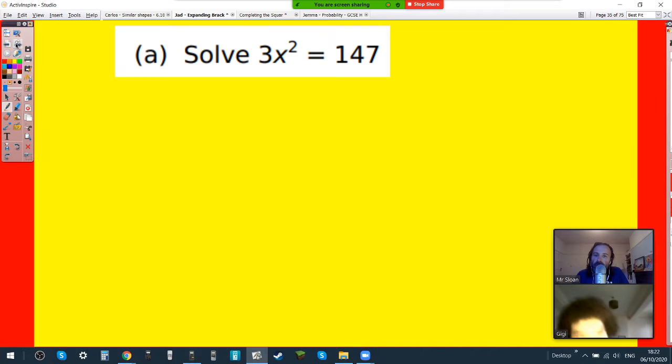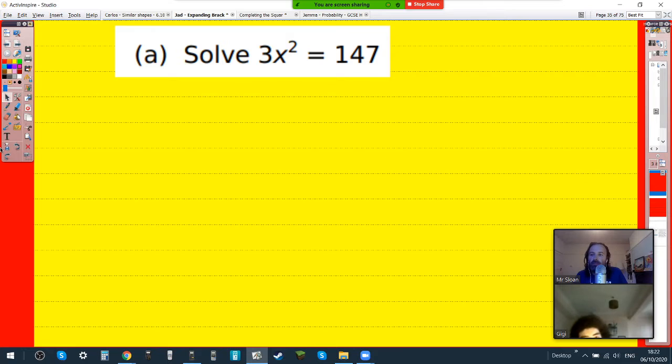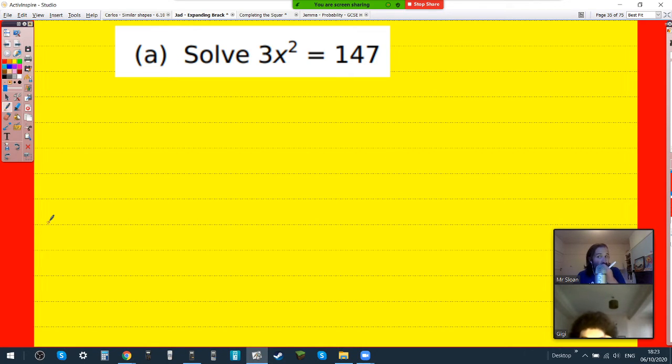No. Okay, how do we do this simple one? 3x squared equals 147. Would we divide them both by 3 first of all? Yeah. So that will be x squared equals 49, so x equals 7.